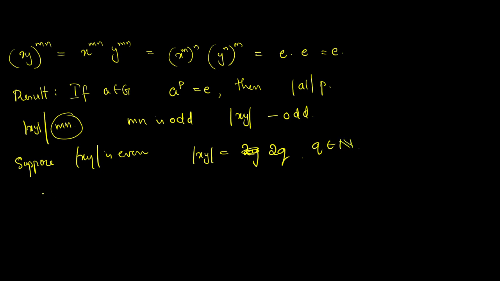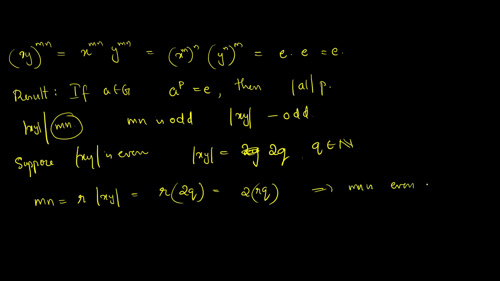We know that the order of xy divides mn, so mn must be equal to some multiple of the order of xy. So it is equal to r times 2q, which is equal to 2 times rq. That will mean that mn is even, which is a contradiction.